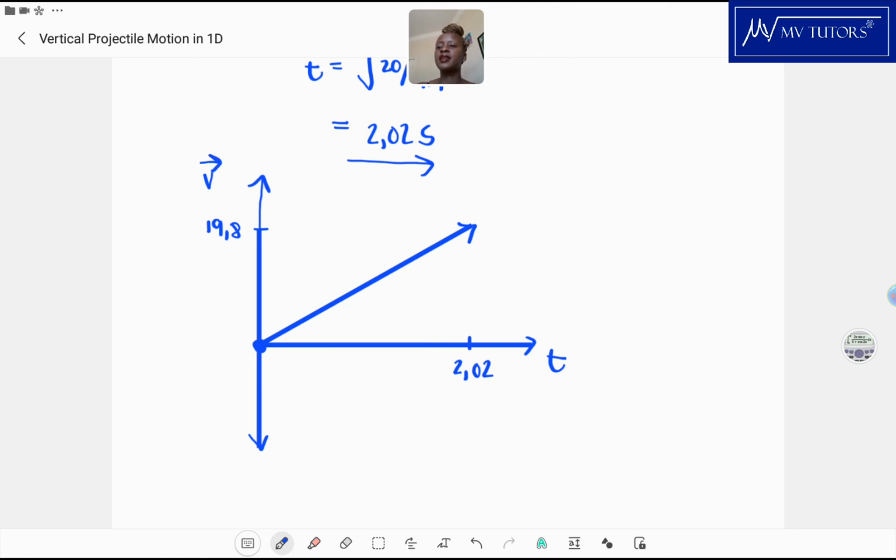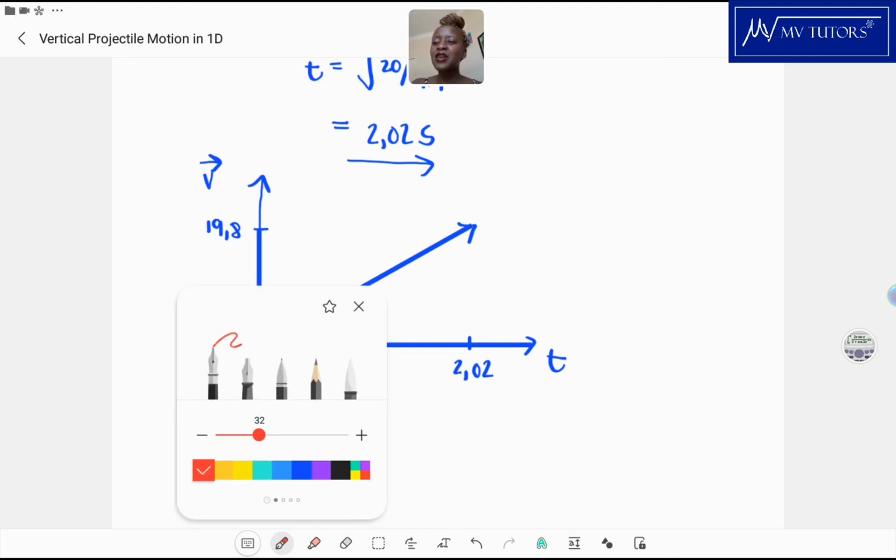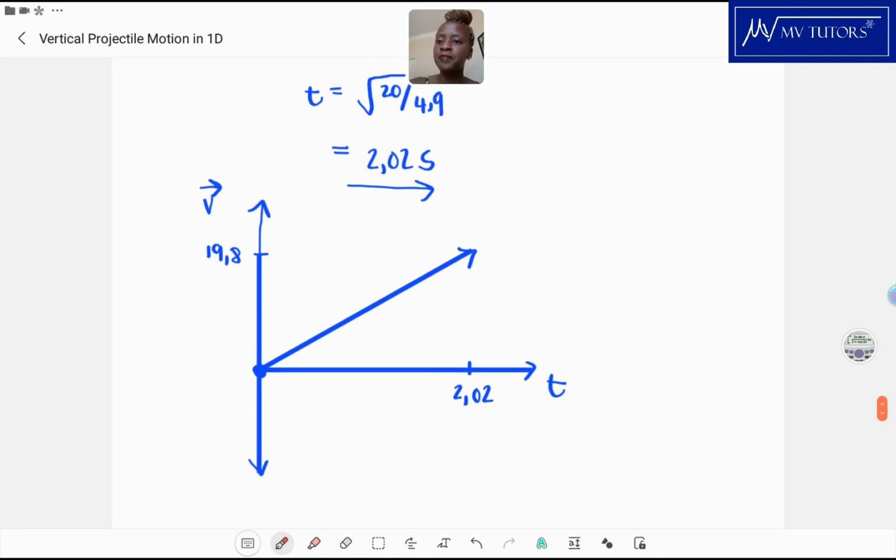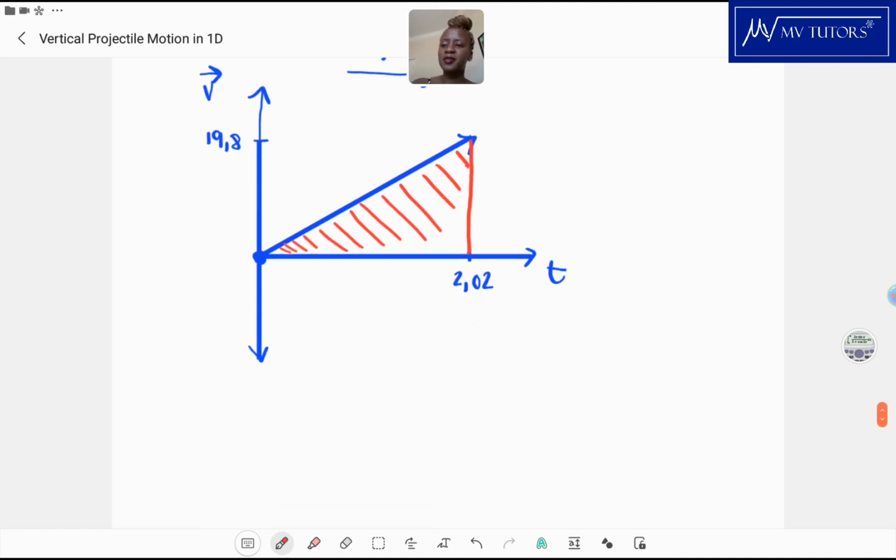All right. And interestingly enough, I know we're done, I've taken so long, but I have to share this. If you wanted the displacement, you can use your velocity time graph and you can take the area below your velocity time graph. So basically, the area here. If you wanted the displacement, just take the area below.